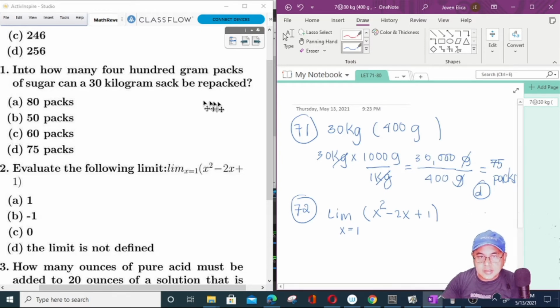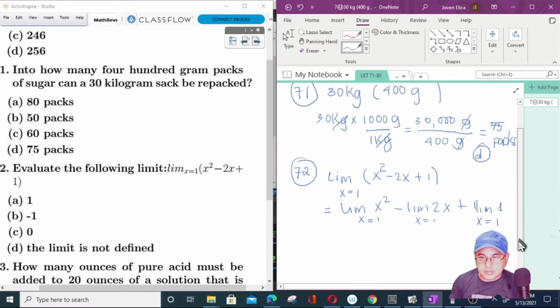Since this is just a sum and difference of polynomials, we just need to get the limit of each individual term. So the limit is equal to the limit as x equals 1 of x squared, minus the limit of 2x as x equals 1, plus the limit of 1 as x equals 1.